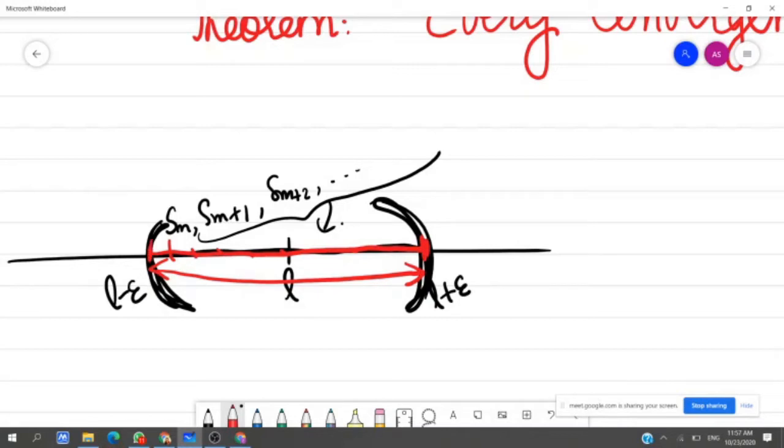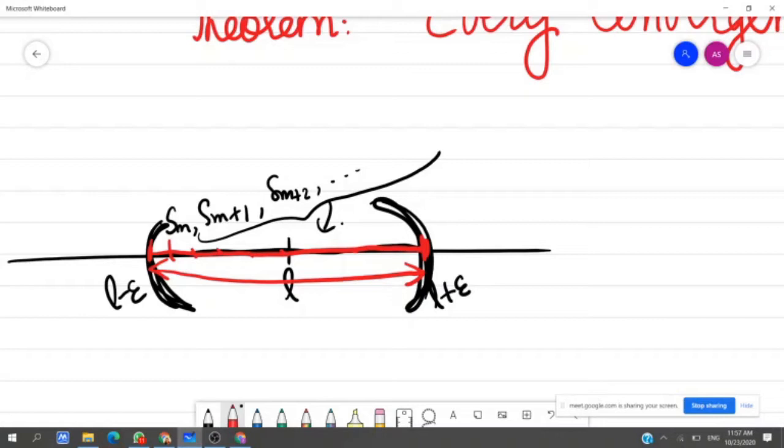So the distance between the terms of the sequence after the mth term is less than or equal to the length of the interval, which here is 2 epsilon. 2 epsilon-നേക്കാളും ചെറുതായിരിക്കും.